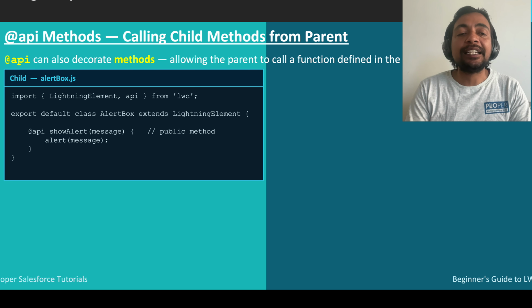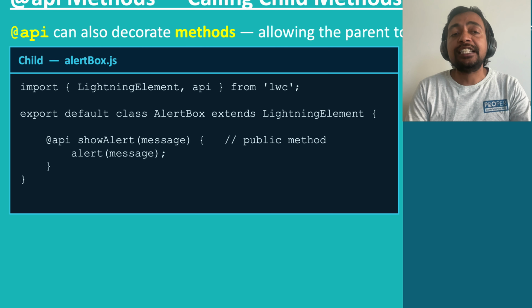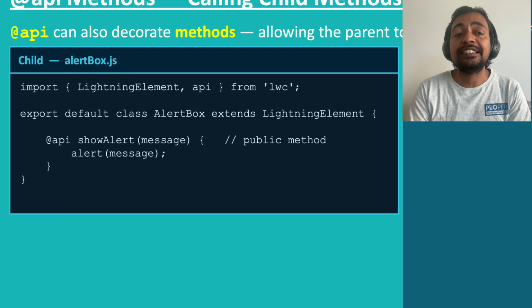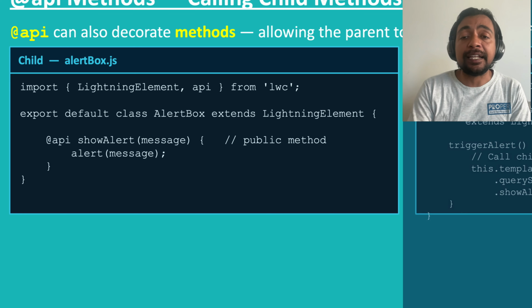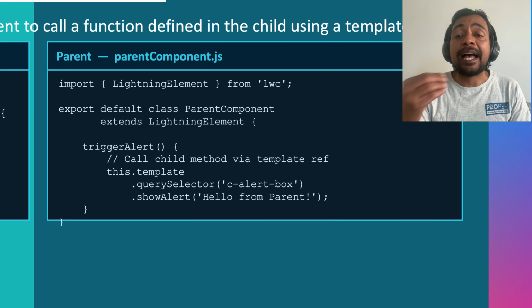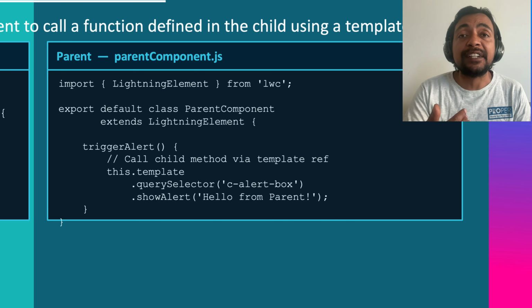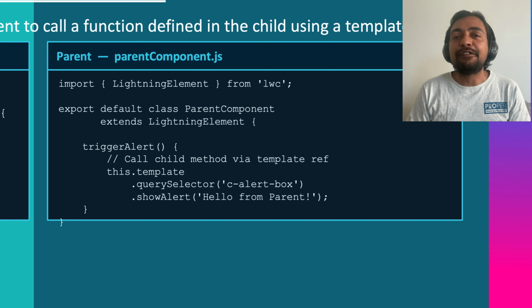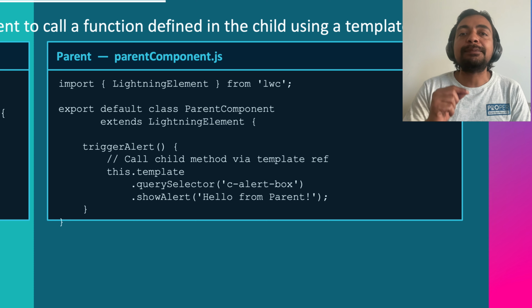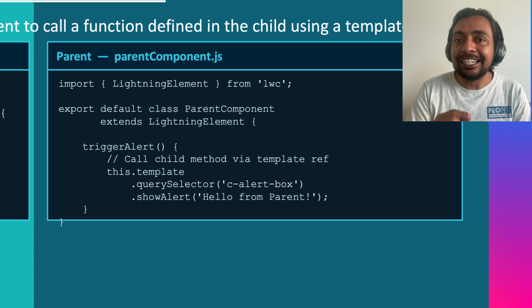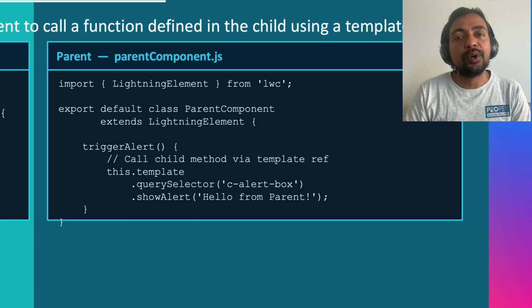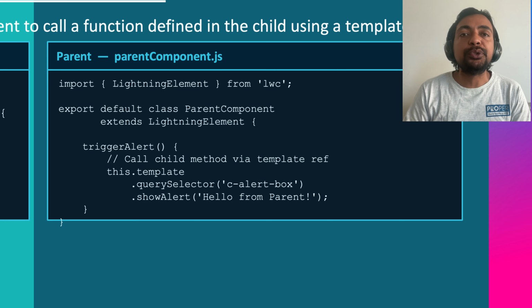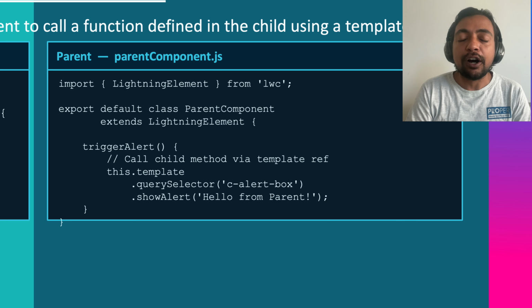Here is a simple example: there is an alert box JS where a showAlert method is decorated with @API. Hence this method becomes public, and from the parent you can call this specific method. But for that, you first have to select that specific child LWC whose public method you want to call. And for that we use the querySelector method of the template.